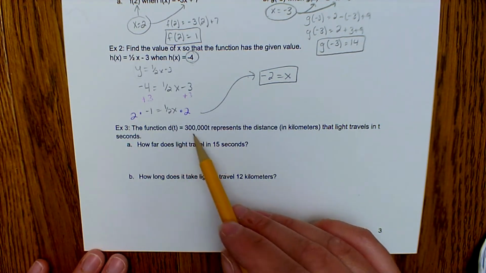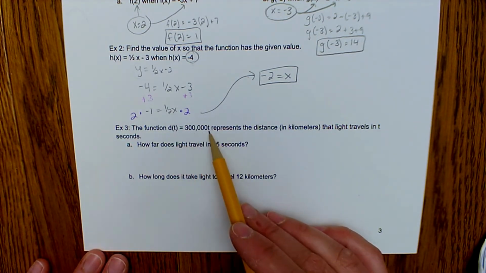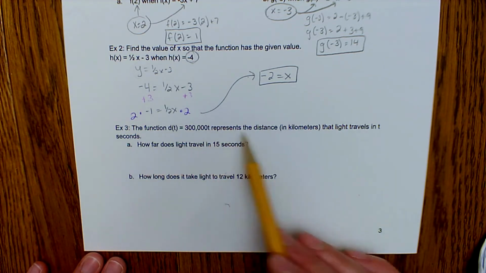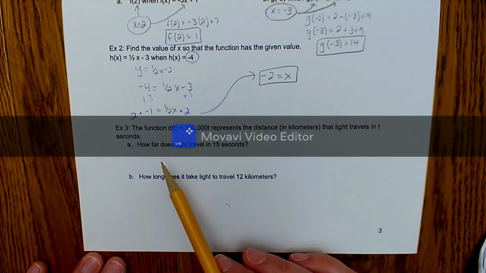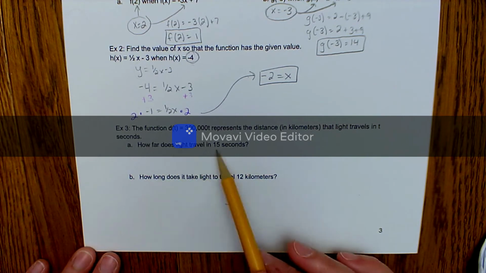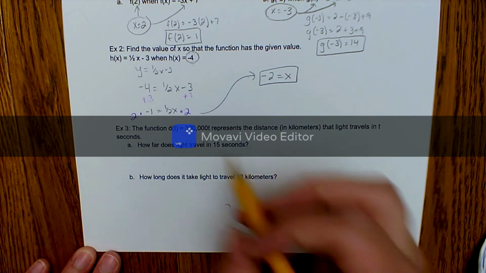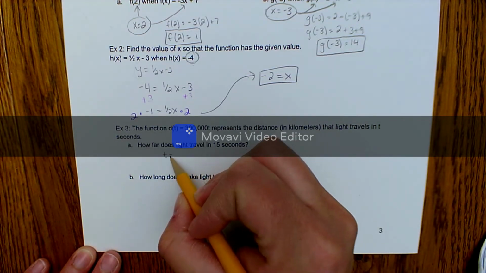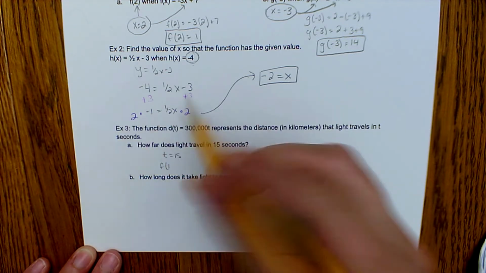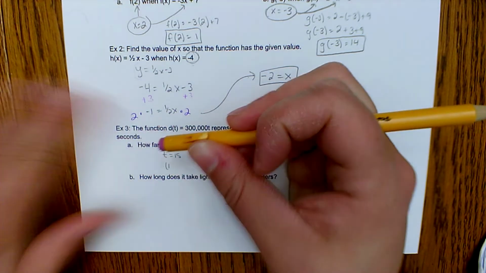So for example 3, the function d of t equals 300,000 t, and that represents the distance in kilometers that light travels in t seconds. How far does light travel in 15 seconds? So my t equals 15 seconds, and I'm just taking that value and subbing it into d of t.